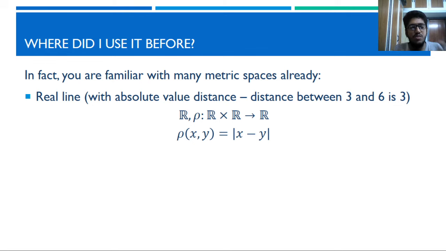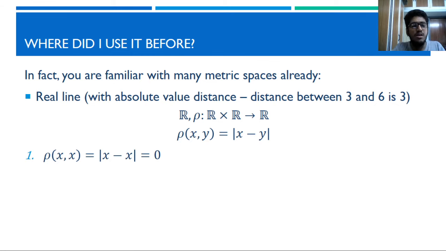We know that x minus y will be a real number again, and the absolute value of x minus y will be a non-negative real number. So definitely we can be sure that this function rho has range the closed interval 0 comma infinity.